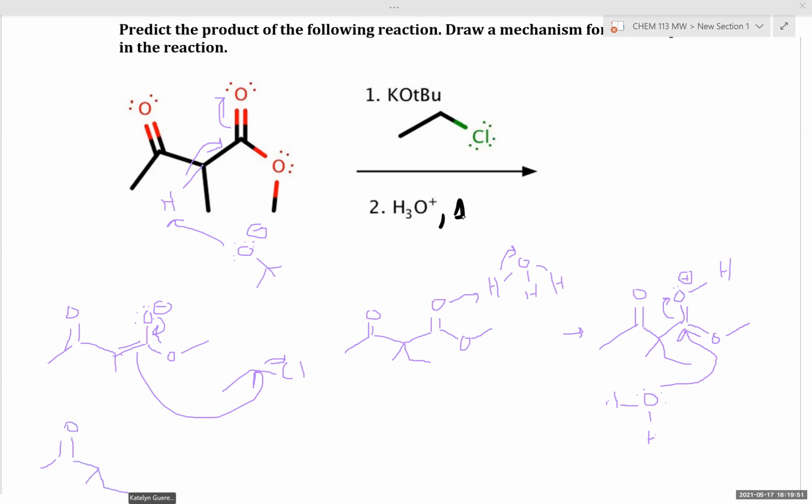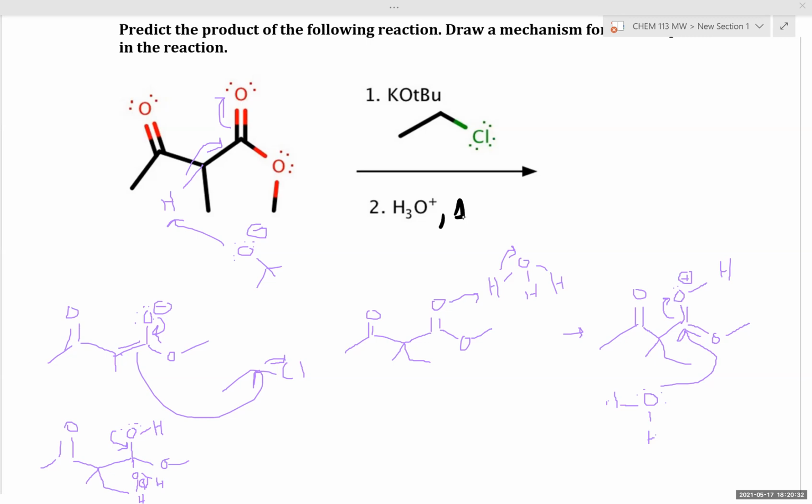So water will attack the electrophilic ester carbonyl carbon and will generate a tetrahedral intermediate. From here, we're going to need to activate our leaving group via proton transfer and fundamentally via protonation.